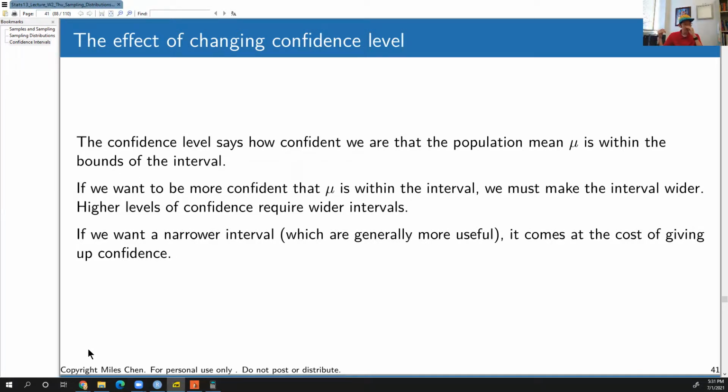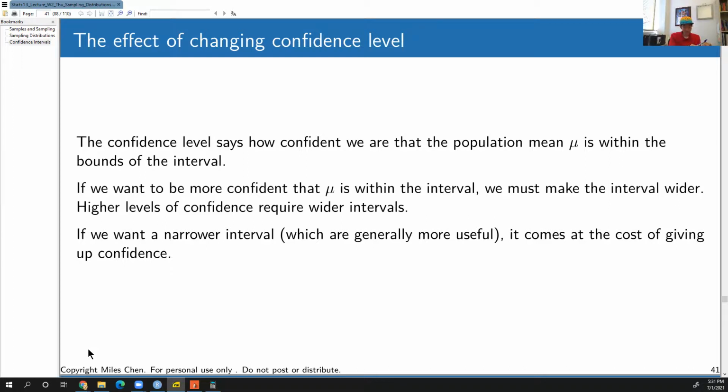If I see the dog at 30 and I want to say where the owner is, I can be 100% confident that the owner's between 0 and 50, because the leash doesn't stretch that far. So I can be very confident, but that's not useful.